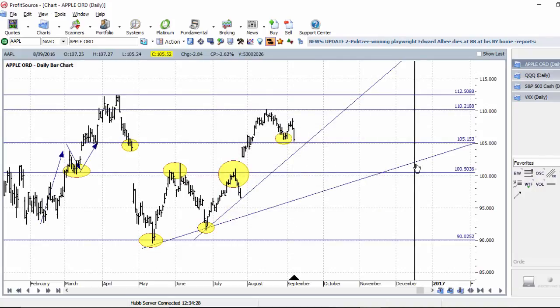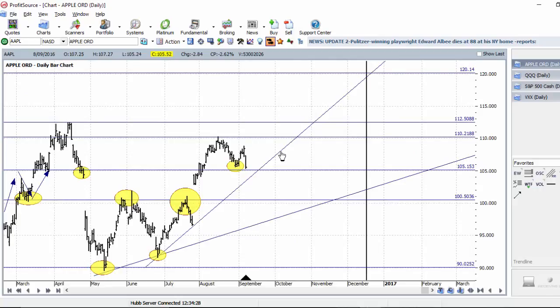This one's projecting that it's actually going to continue lower. So this first trajectory is quite aggressive; we're saying it's going to hit somewhere around 120 by the end of the year. This one here is probably too conservative because it's projecting a move a bit lower than where the stock is today.